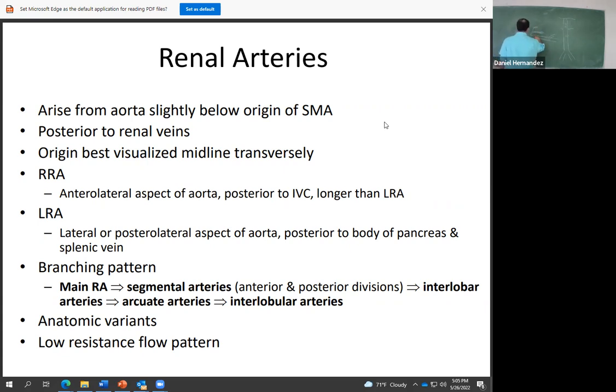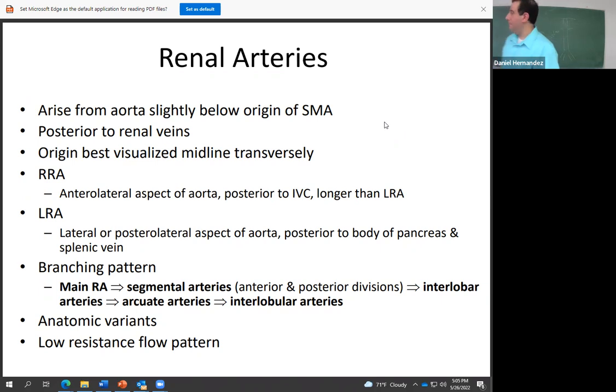I'm just going to pencil in renal arteries here. And then IMA lower down. So proximal aorta is the area that's above the level of the celiac artery.